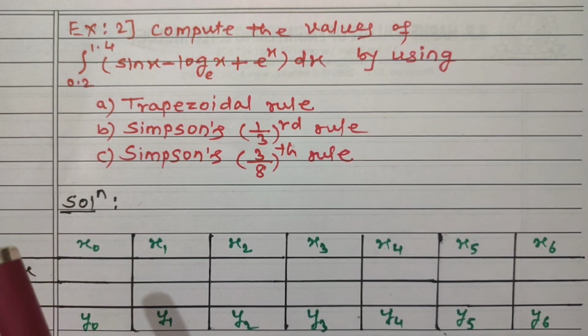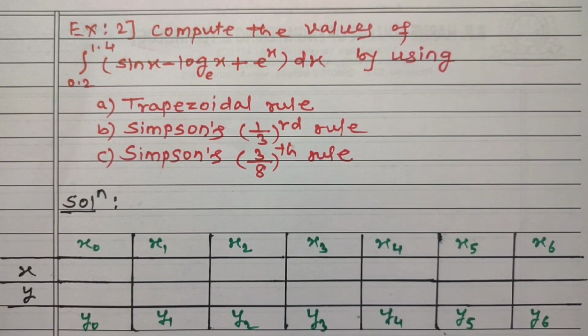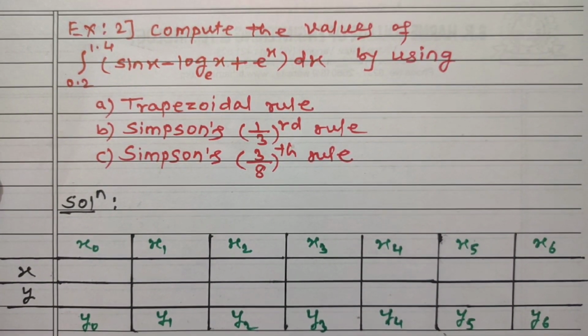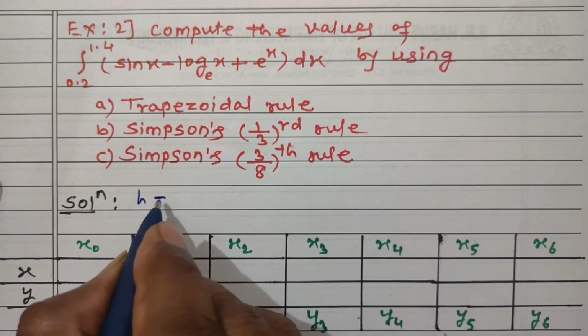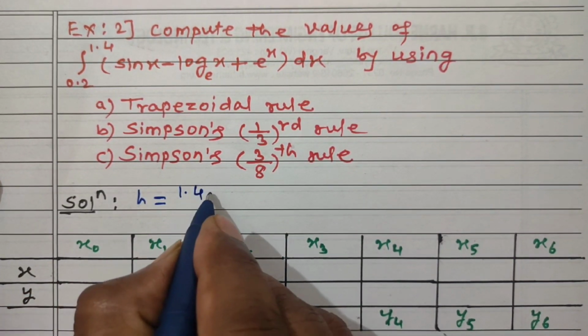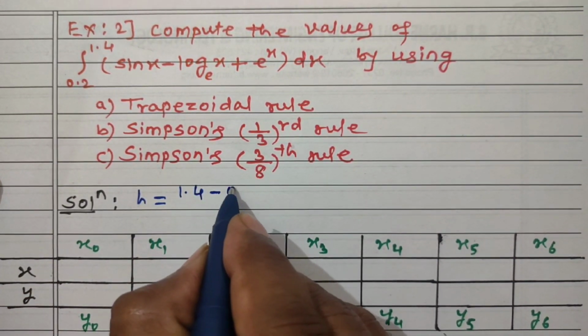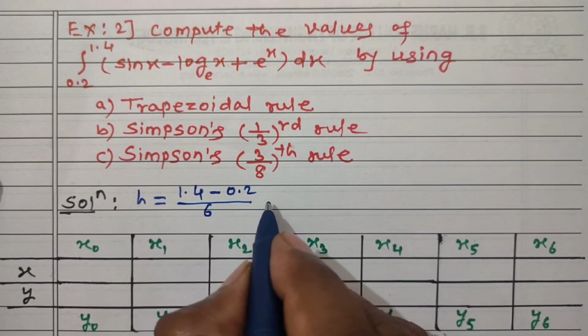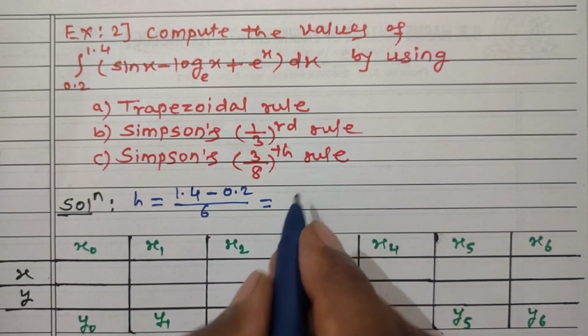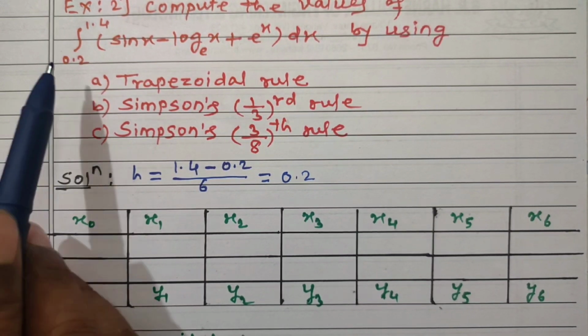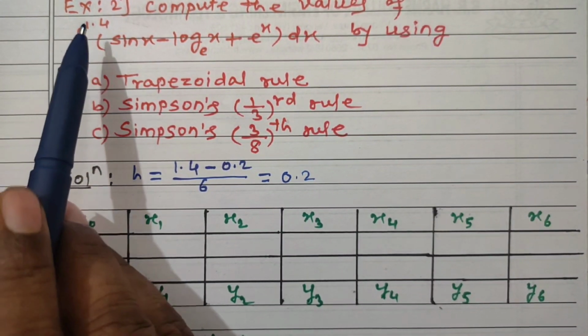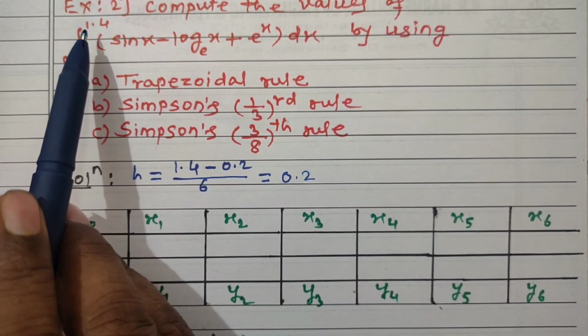You know h is equal to upper limit minus lower limit divided by 6, because we want 6 intervals only. So h is equal to 1.4 minus 0.2 divided by 6, and this is equal to 0.2. Here x0 is 0.2 and the last value, x6, is equal to 1.4.